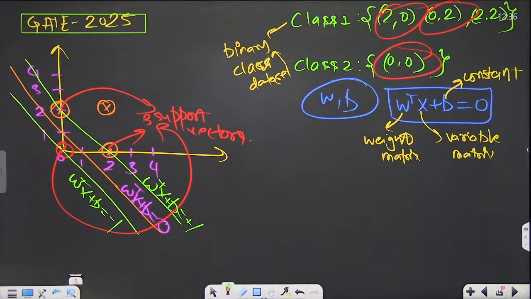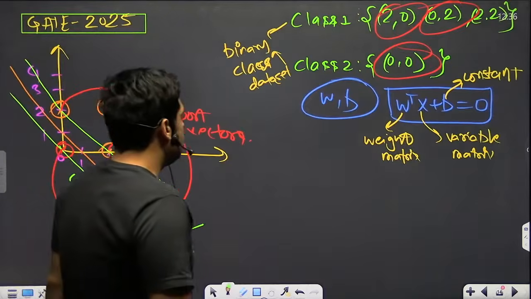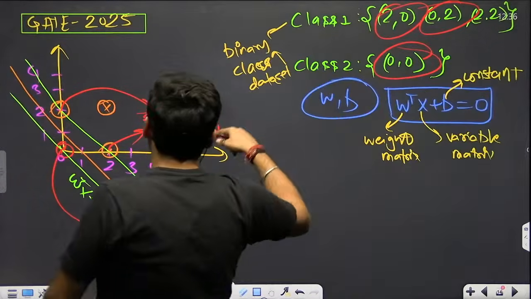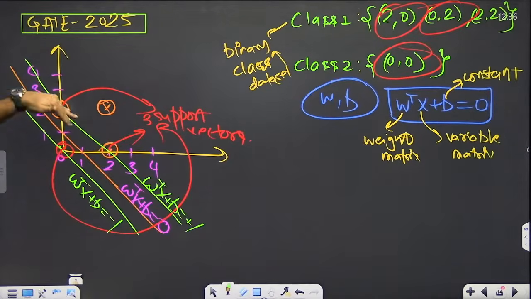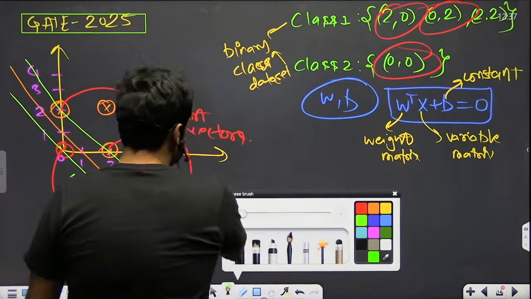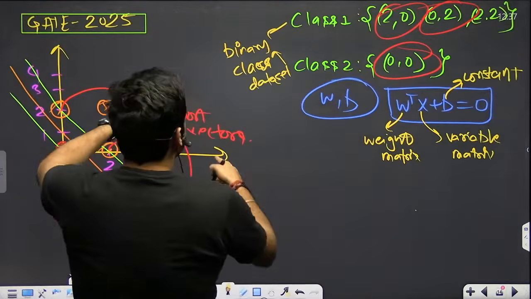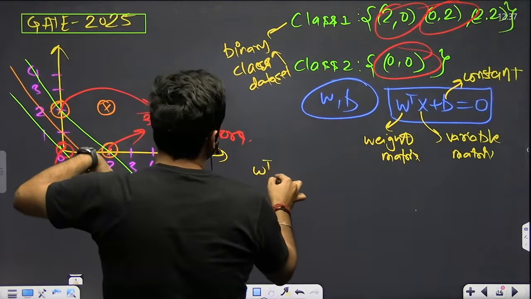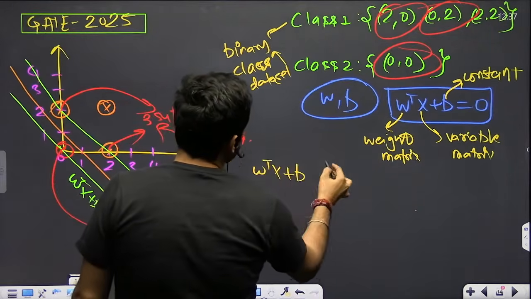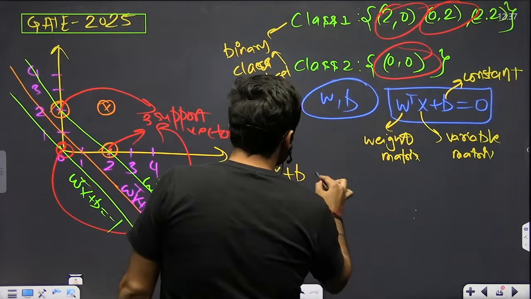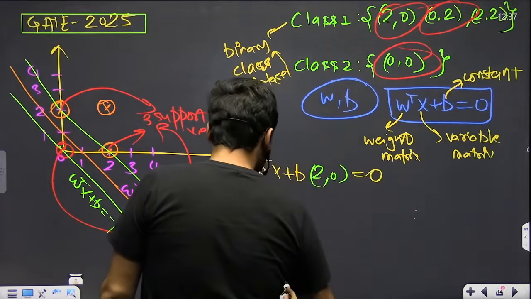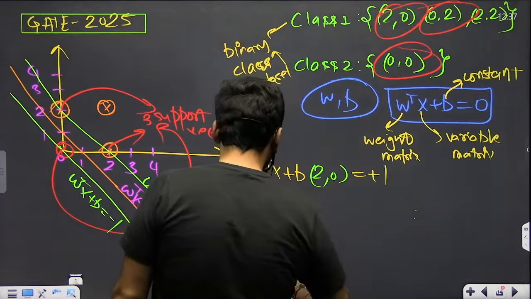Now here I am considering this as the positive support vector plane and this as the negative support vector plane. If this is the positive support vector plane and I enter point 2, 0, this would be equal to +1.